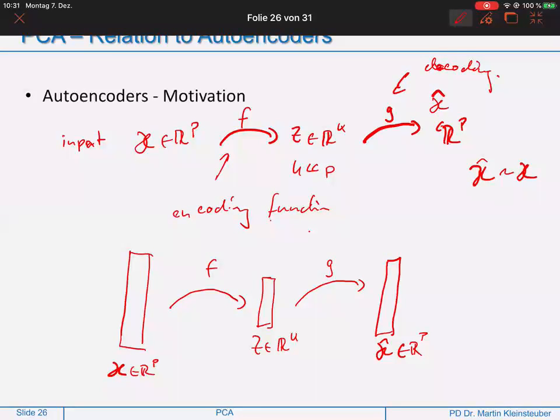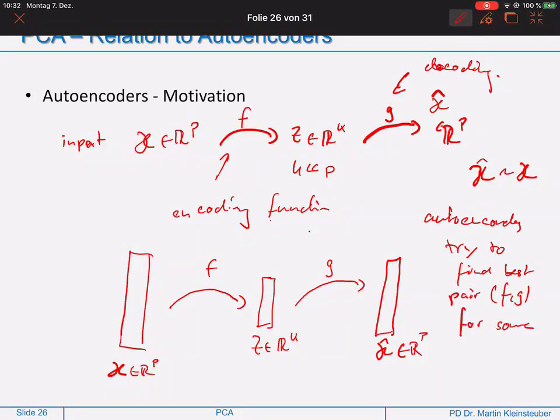Right. So in general, autoencoders try to find the best pair F and G for some reconstruction measure.